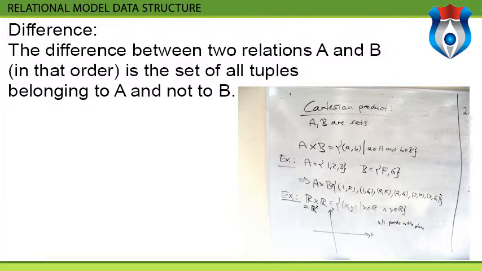Example: A is equal to the set of employees whose department is SW development. B is equal to the set of employees whose age is less than 30 years. A times B is equal to the set of all possible employee number, department ID pairs.